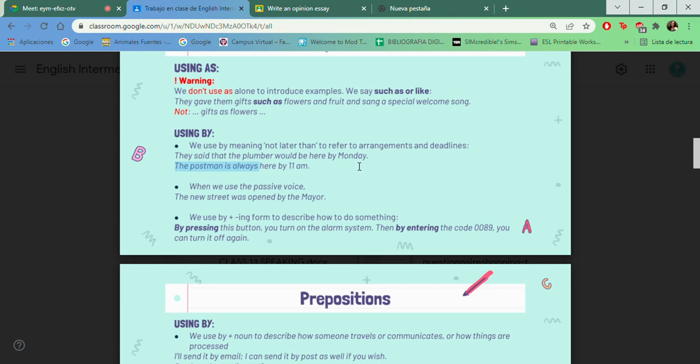To describe how to do something: by pressing this button, you turn on the alarm. Then, by entering the code, you can turn it off again. You can learn a lot of English by watching shows, okay? For example, you can use by to explain how you can do something.